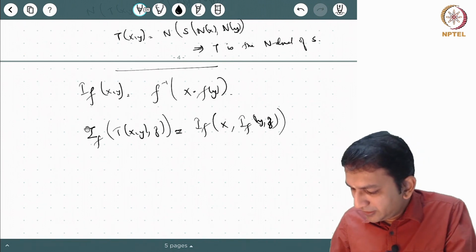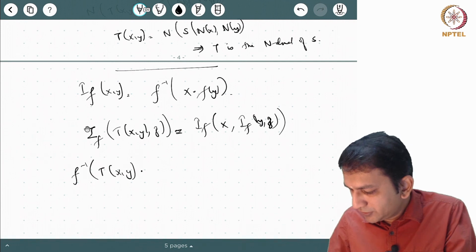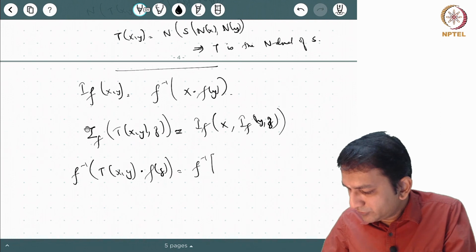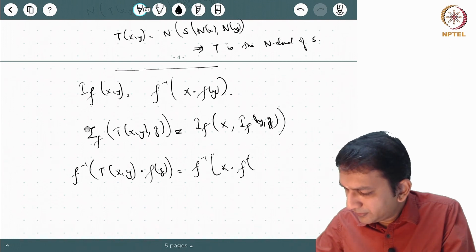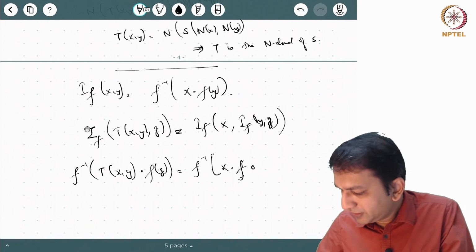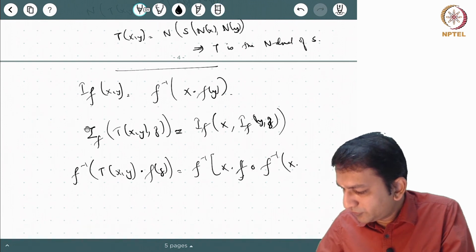So now expanding this, what we see is f inverse of T of (x,y) dot f of z is equal to f inverse of x into f of f circle f inverse of y dot f of z.